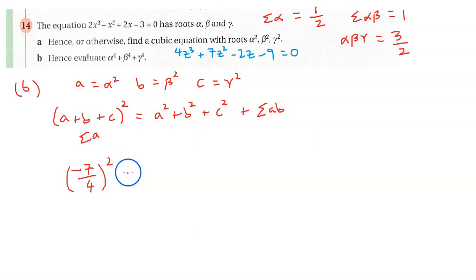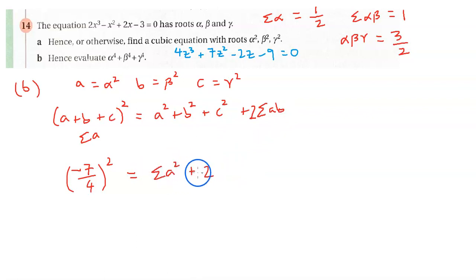And so that is equal to the thing we're looking for, sum of A squared, plus 2 times the sum of AB. And we know the sum of AB is equal to C divided by A. So that would be negative 2 divided by 4. Whoops, I forgot a 2 here. My mistake. 2 times the sum of AB.